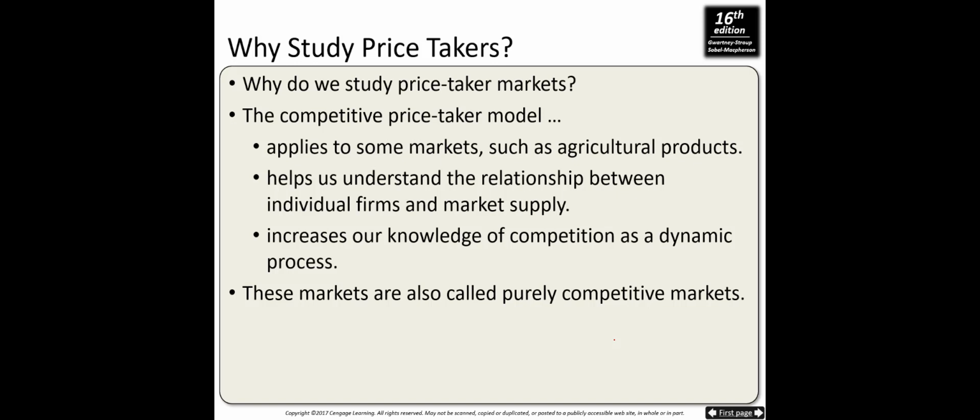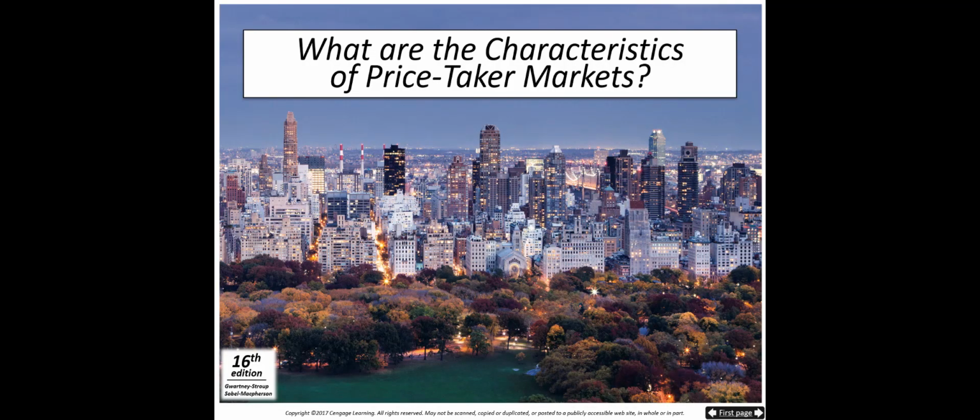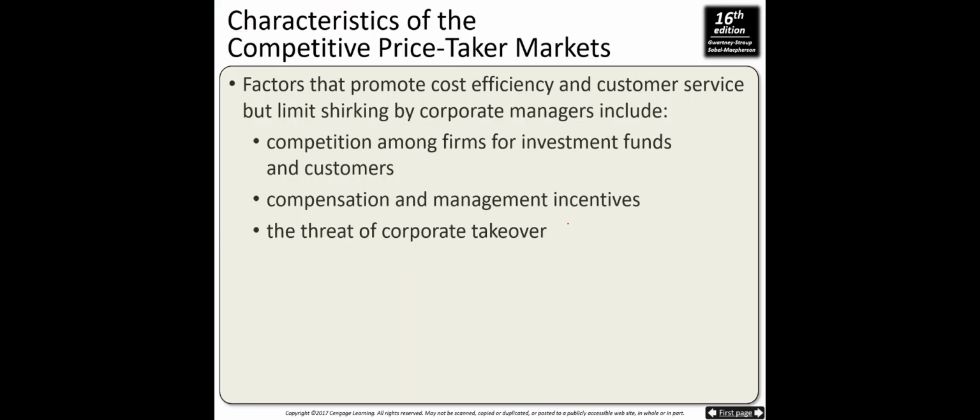And these markets are also called purely or perfectly competitive markets. Remember, if you are selling identical products like farmers selling wheat, corn or rice, you are in a purely competitive market because you have identical products. So what are the characteristics of price taker markets?